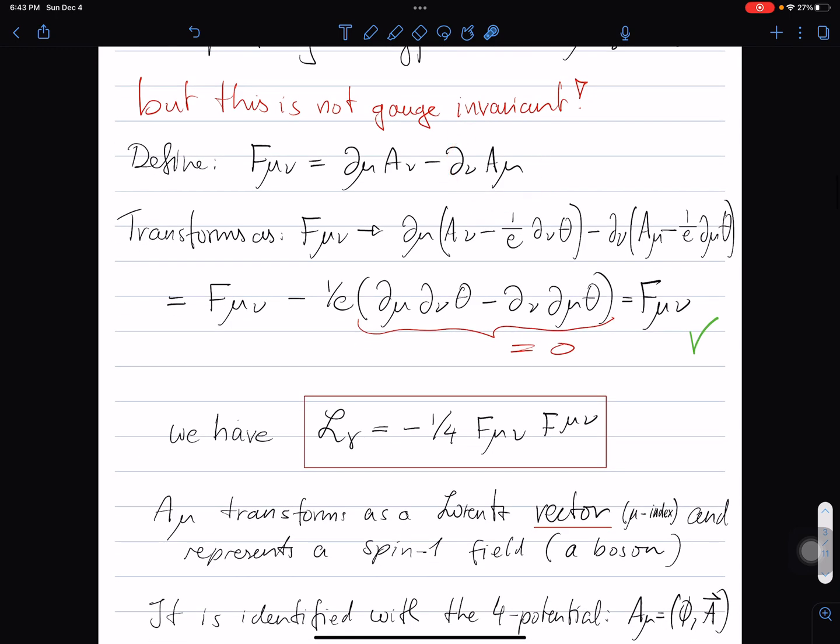It transforms, luckily, in a good way, because we can plug in the transformation properties of the A field. So we have d_mu A_nu minus 1/e d_nu theta here, and this goes to d_nu A_mu minus 1/e d_mu theta.